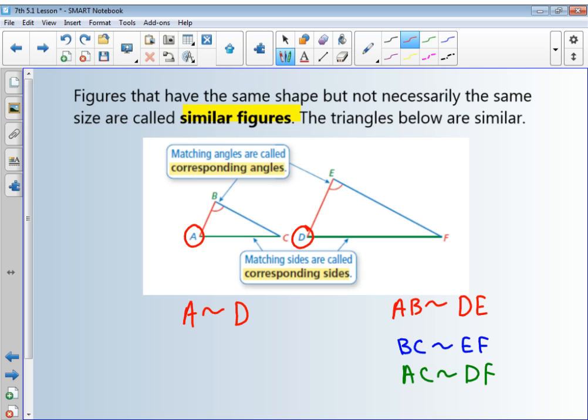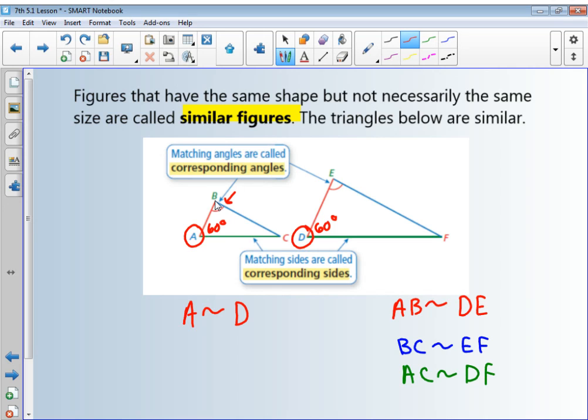That also means that they have the same angle measure. If I were to say that angle A was maybe 60 degrees, then that means D is also 60 degrees. Sometimes they're going to use a degree measure symbol like that little arc there. And if they give different arcs, the ones that have the same markings mean that they are the same in measure, if they don't give you a degree measure.